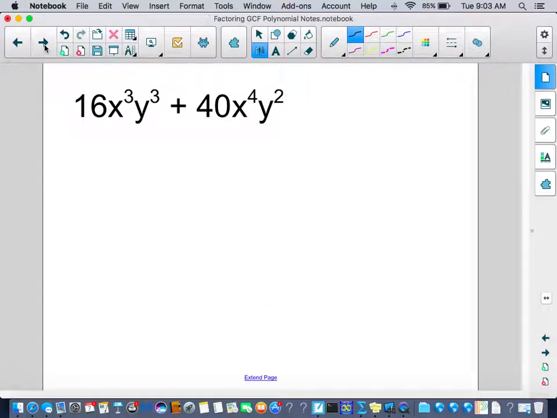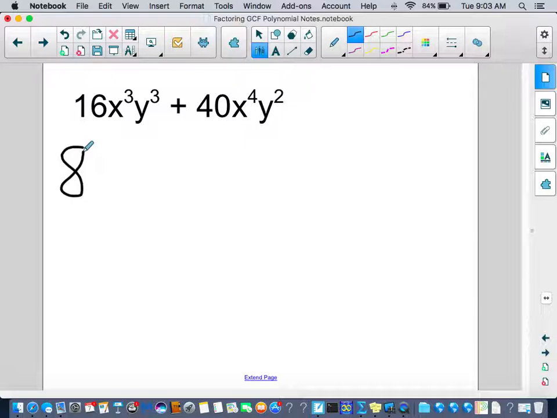All right, so now we have a much larger term to work with. We're going to first find the factors of 16 and 40. Looking at 16, I know that 16 does not go into 40, but 8 does. So I'm going to pull out an 8.